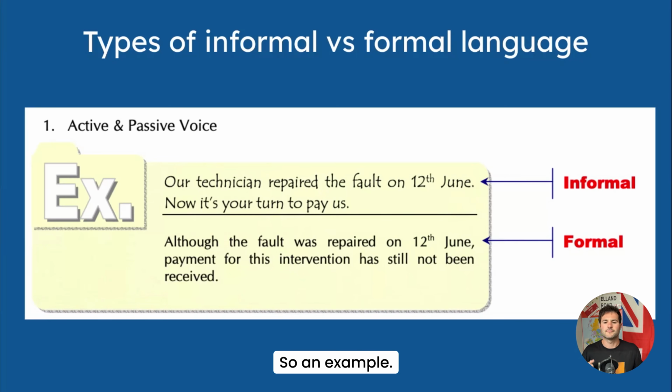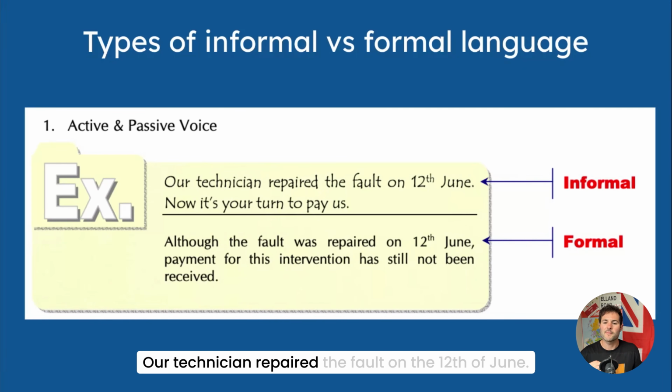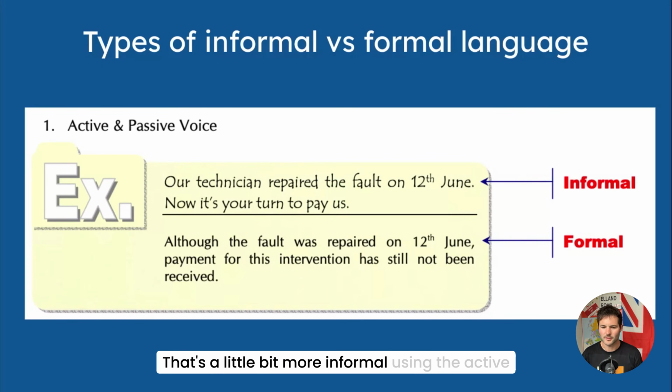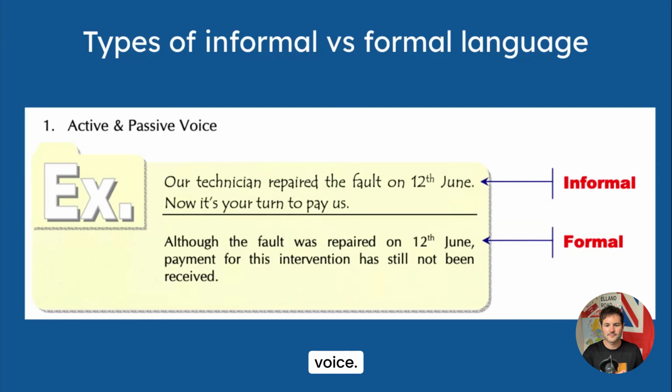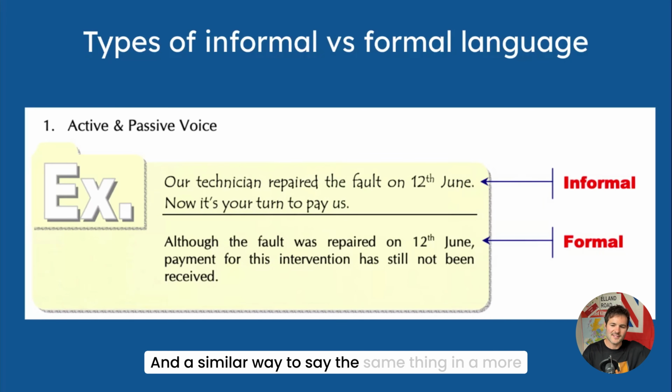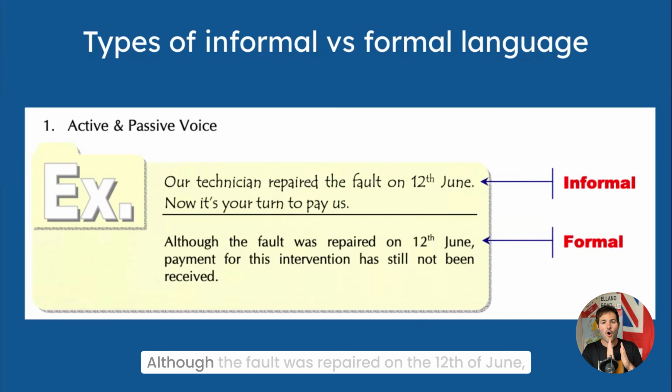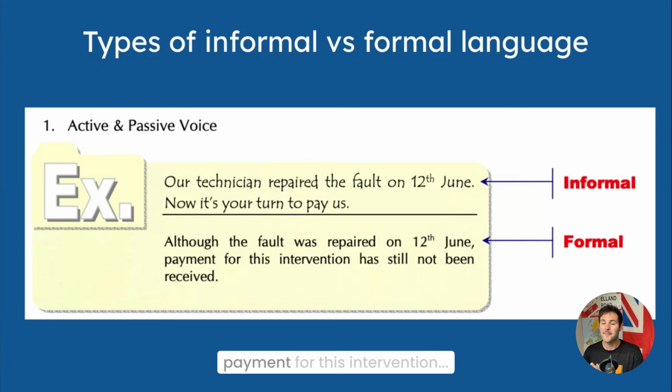So an example. Informal: Our technician repaired the fault on the 12th of June. Now it's your turn to pay us. That's a little bit more informal, using the active voice. And a similar way to say the same thing in a more formal way would be: Although the fault was repaired on the 12th of June, payment for this intervention has still not been received.